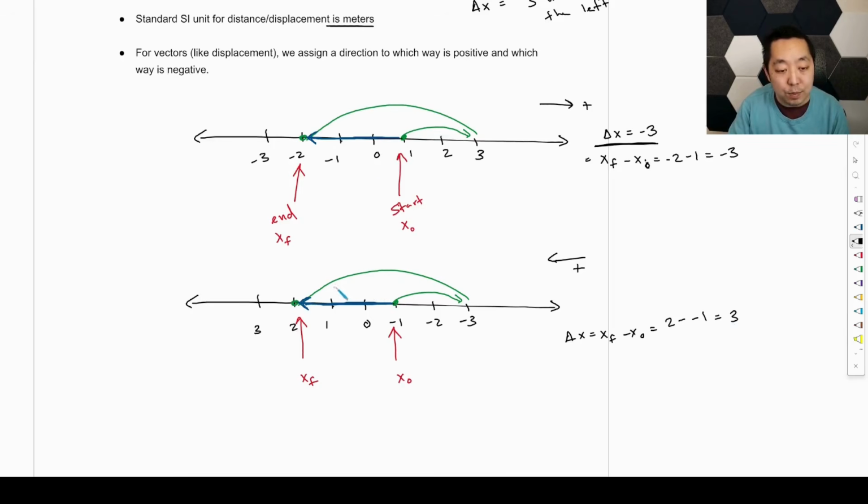And you can see, based off the vector pointing to the left, its length is 3, but we said left was positive because the numbers are increasing to the left. So because left is positive and the arrow is pointing to the left, it's also +3. Okay? So in other words, the positive or negative denotes the direction for a vector.